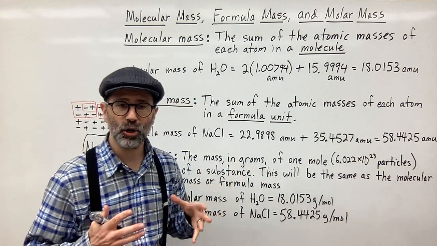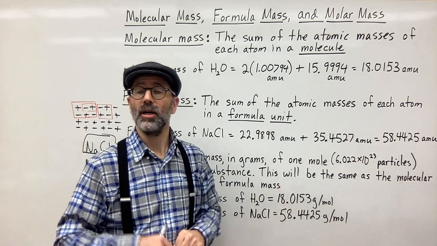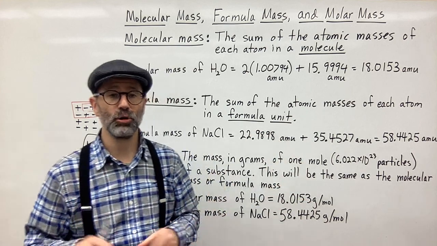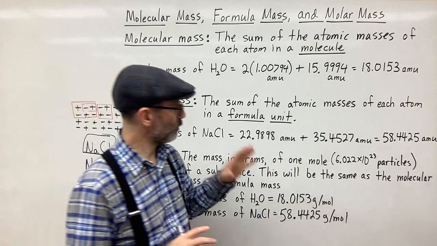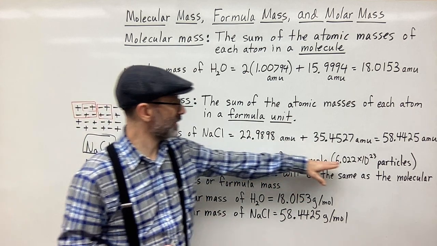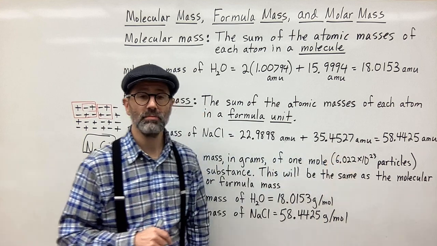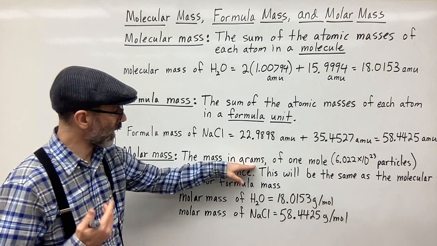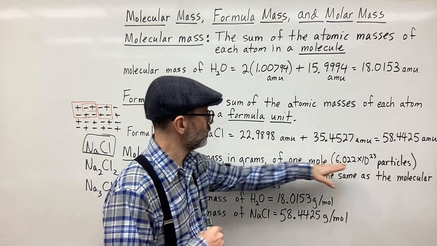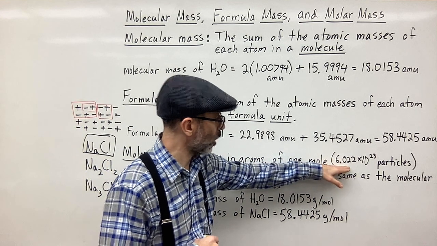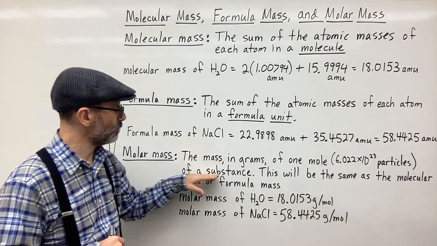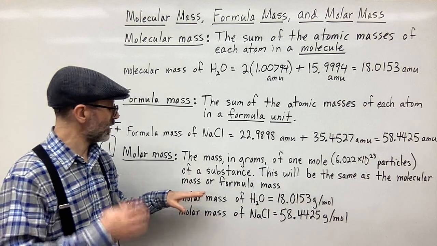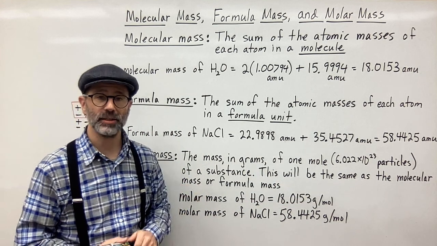And again, a particle could be an atom, could be a formula unit, could be an ion, could be a molecule, whatever. Whatever the particle is, 1 mole is that number of that particle, right? So molar mass is the mass in grams of 1 mole, 6.022 times 10 to the 23rd particles, of a substance. This will be the same as the molecular mass or the formula mass.